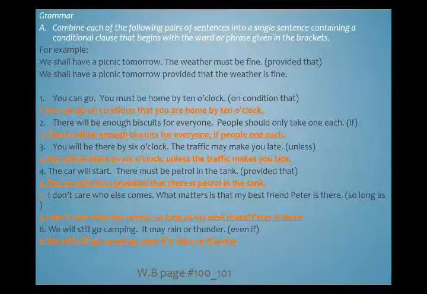It means that we have just converted a pair of sentences into one single sentence containing a conditional clause. It means that we just used the conditional clause here.